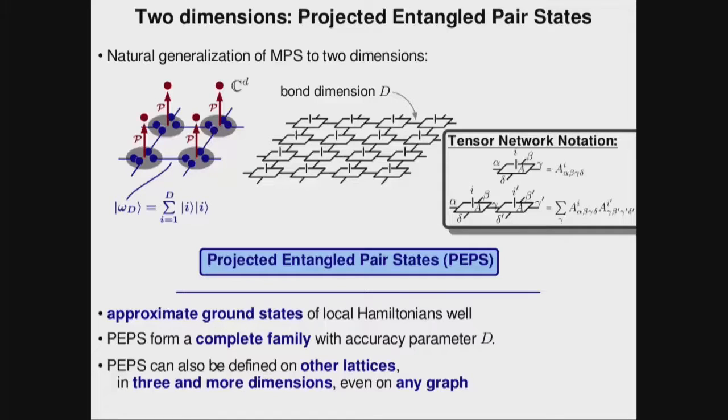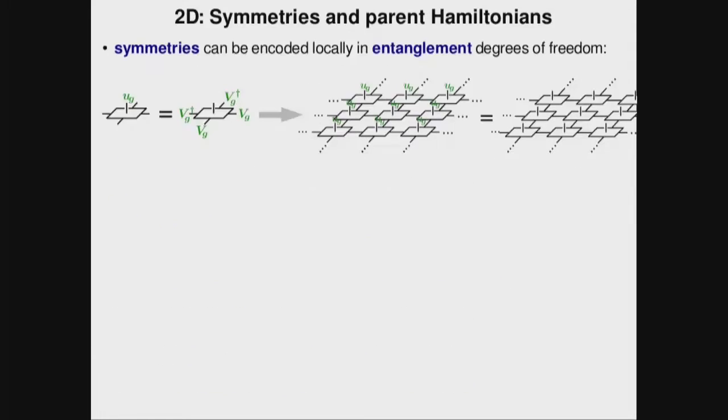Now, we can do pretty much the same we did in 1 dimension. So we can ask, how can we encode symmetries? And we can encode symmetries pretty much the same way as we did in 1 dimension, right? We can say whenever we act with a symmetry in our physical system, we demand that this corresponds to a product of different symmetry representations again, acting on the entanglement degrees of freedom in a way where we have V and V dagger on adjacent sides, and here V and V dagger.